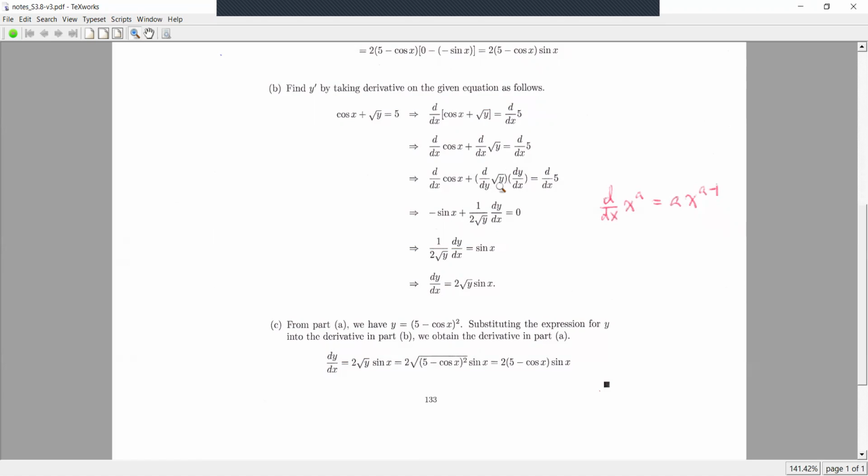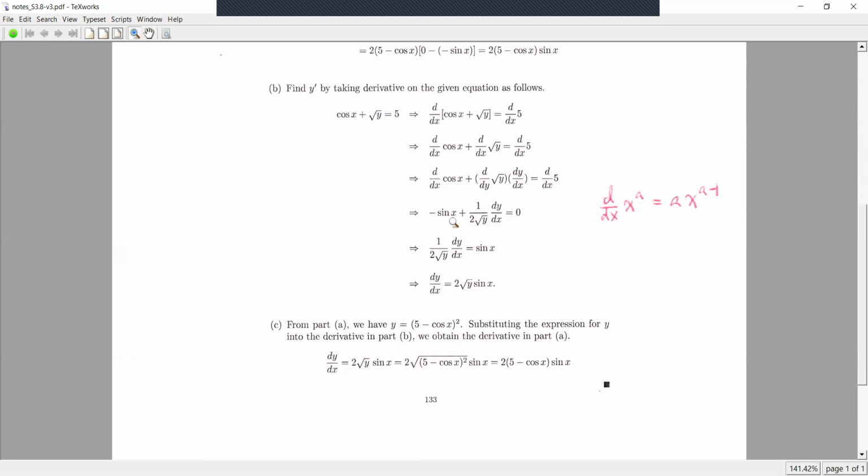This derivative of square root of y with respect to y, we can use the power formula to compute it. Square root of y is y to the 1/2, a power function. So this derivative is 1 over 2 times square root of y.